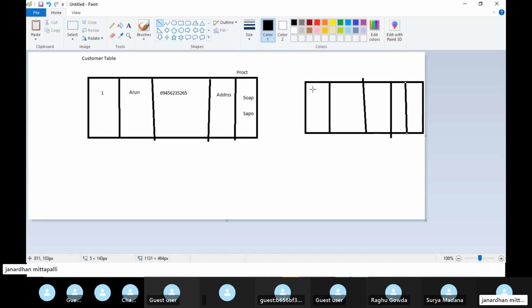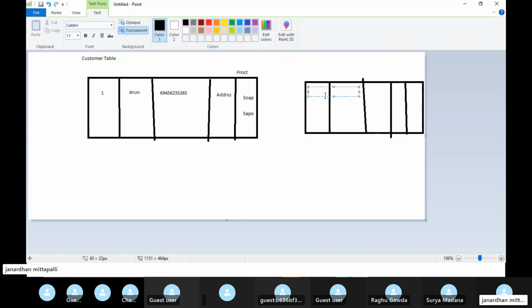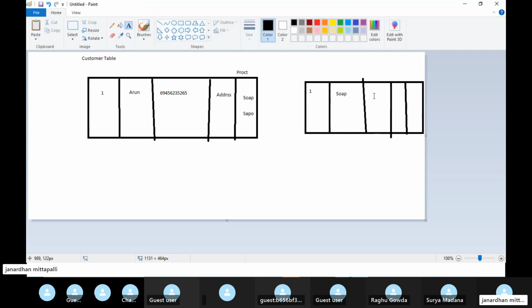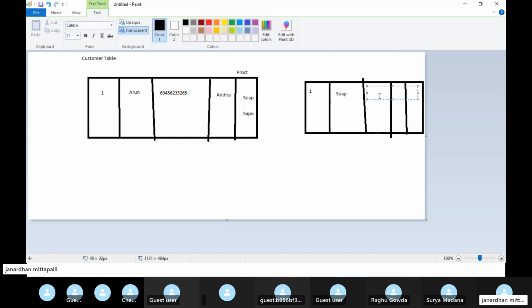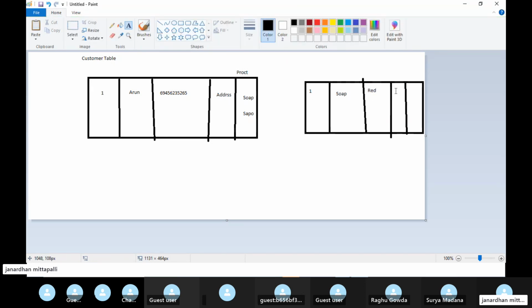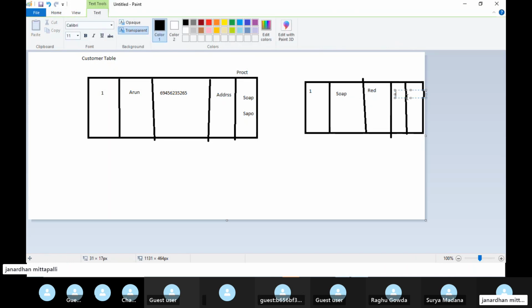So product ID, just assume one, and take the product as soap, and the color will be red or blue or black, and for size just define three categories: small, medium, large.